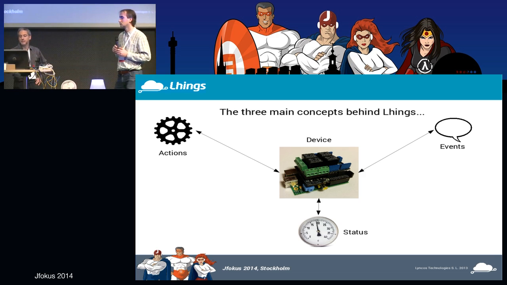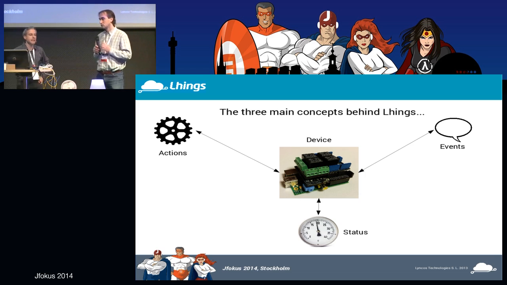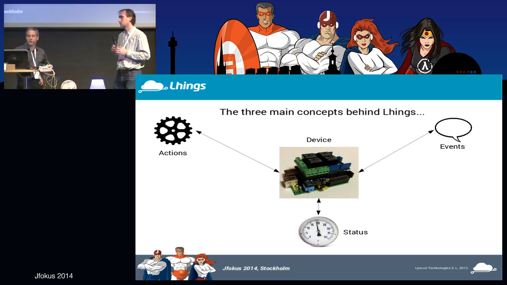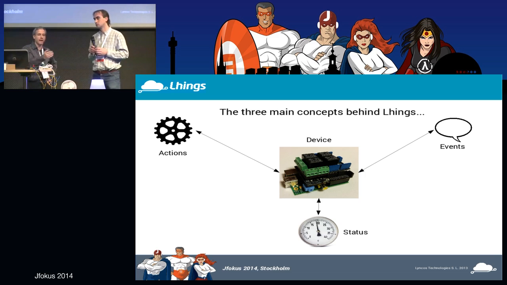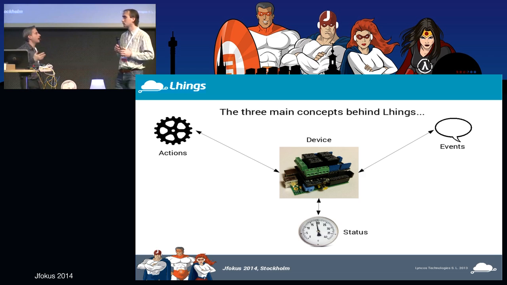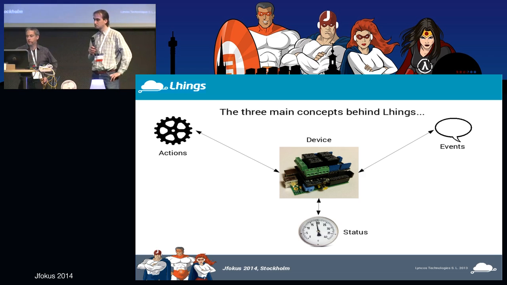Also the events that can be sent by your device, that is what your device can tell about itself or its environment, about what is happening at that very moment. And also that your device has a status. So for example, an action can be turning a light on and off. An event could be the one you mentioned, the temperature of some sensor going above a given threshold, and the status could be the very temperature of the device.